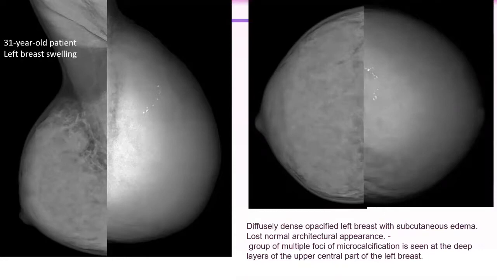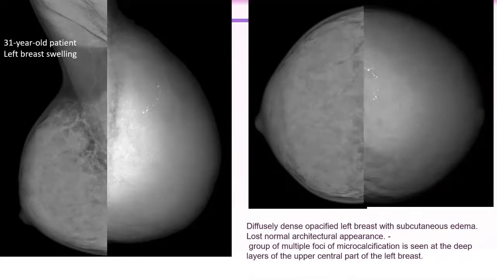This is a bilateral mammogram. What does it demonstrate? The left breast is enlarged and diffusely with global asymmetry and microcalcifications.